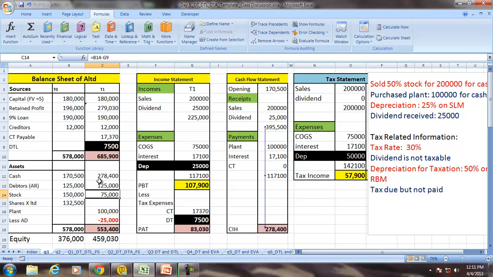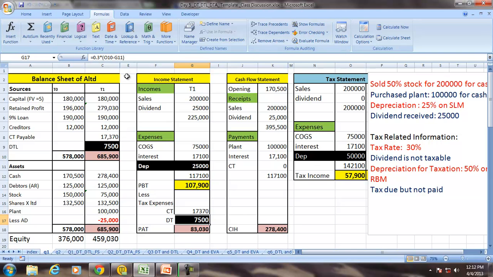No change in the debtor, no change in shares. So the summation of the assets is equal to the summation of the sources. So the equity has gone up because the reserves have gone up, and the reserves have gone up because of the current profit fully retained. Now observe this depreciation and the deferred tax. In this case, deferred tax arises because of the depreciation.